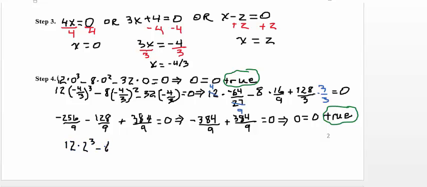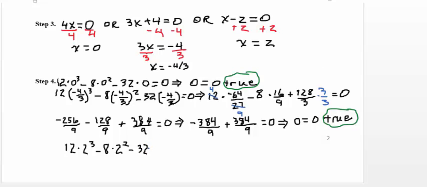So 12 times 2 cubed minus 8 times 2 squared minus 32 times 2 needs to equal 0. So 12 times 8 minus 8 times 4 minus 64 equals 0.